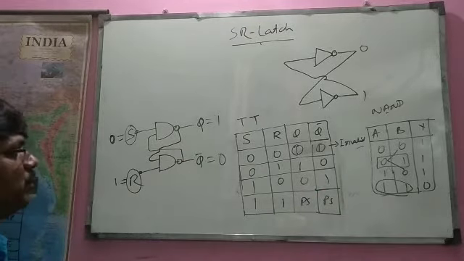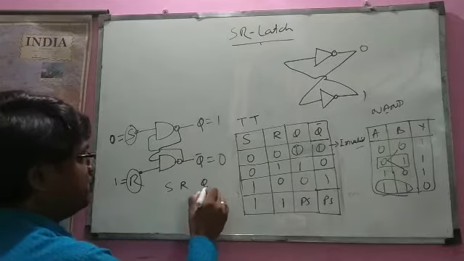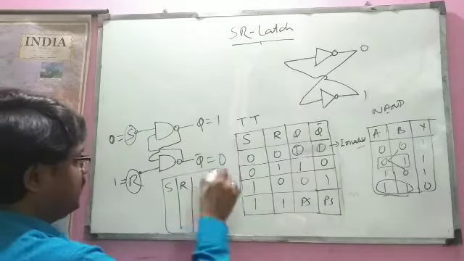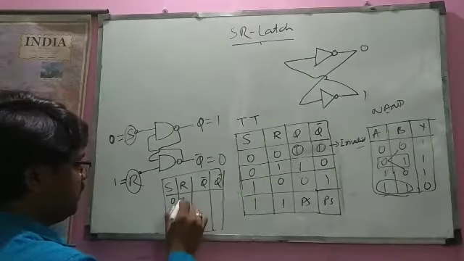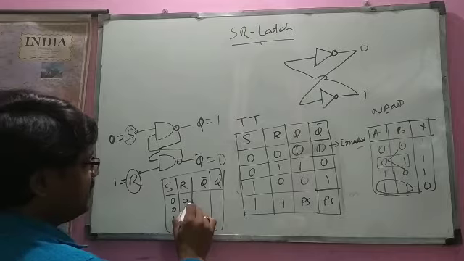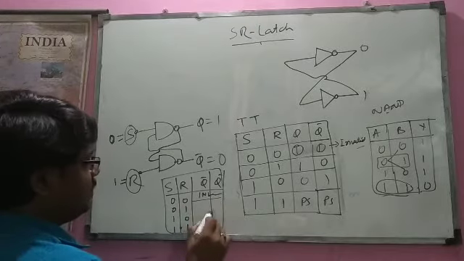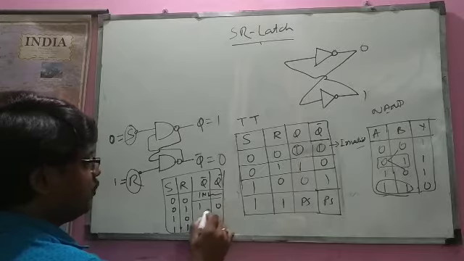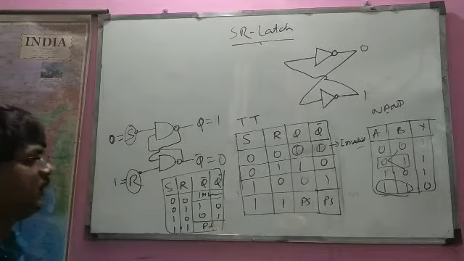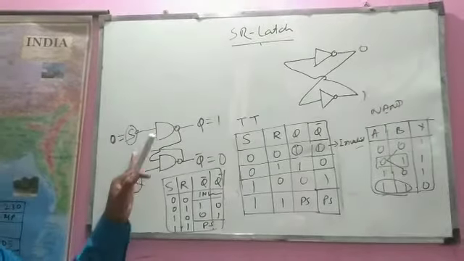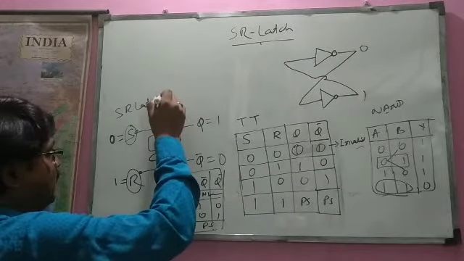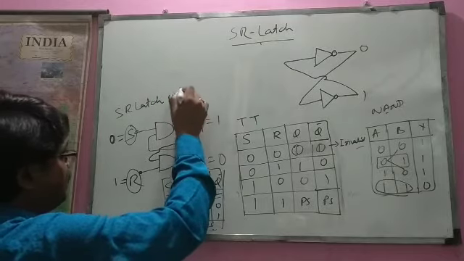See how? So this is S, this is R, this is Q, this is Q bar, and let us suppose I am just writing this truth table here in a quick manner: 0 0 1 1 0 1 0 1. So this was invalid, let us suppose, and this is 1 and this is 0, this is 0, this is 1, and it will remain in previous state. Okay, this is our truth table for SR latch using NAND.